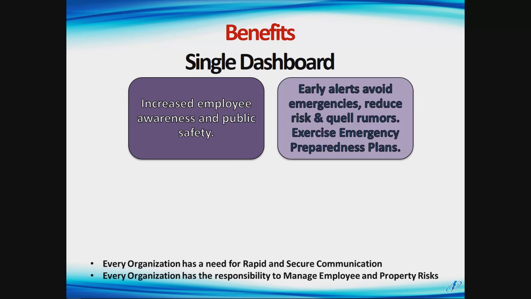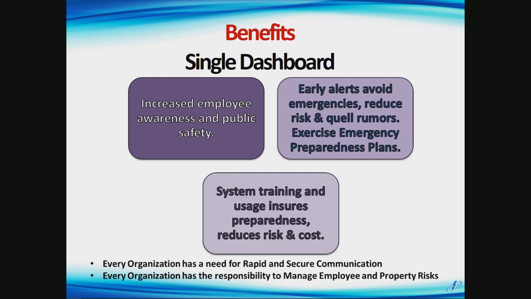You can have early alerts which will avoid emergencies, reduce risk, and quell rumors. The system training and usage ensures preparedness. Mass notification is all about reducing, mitigating, or avoiding risk.